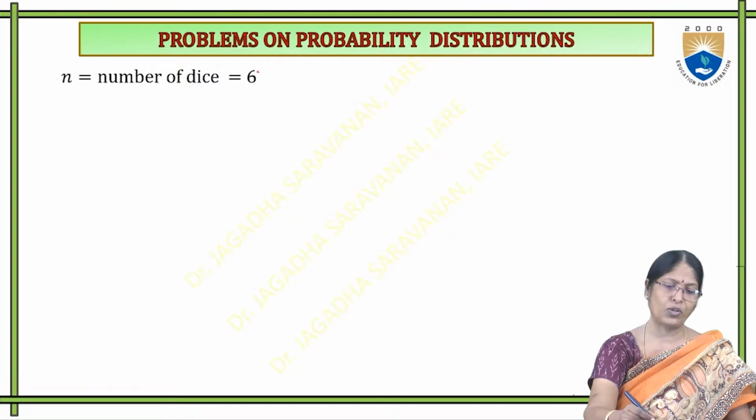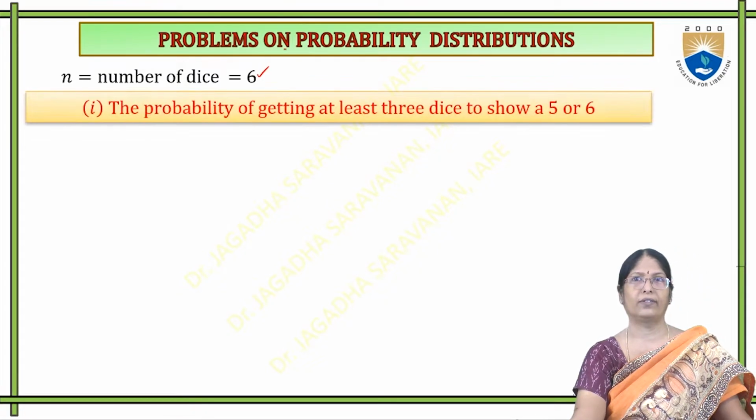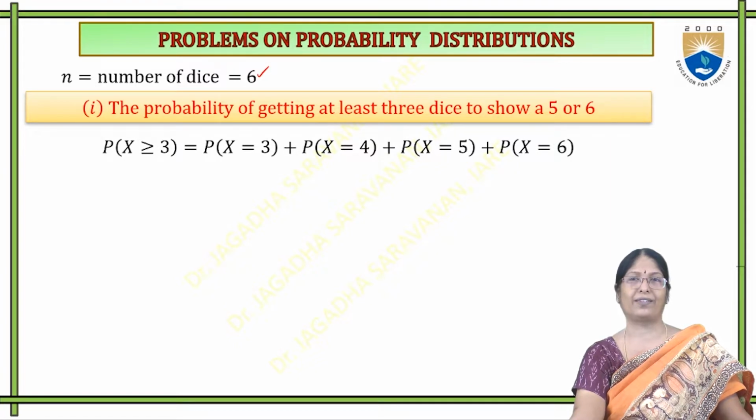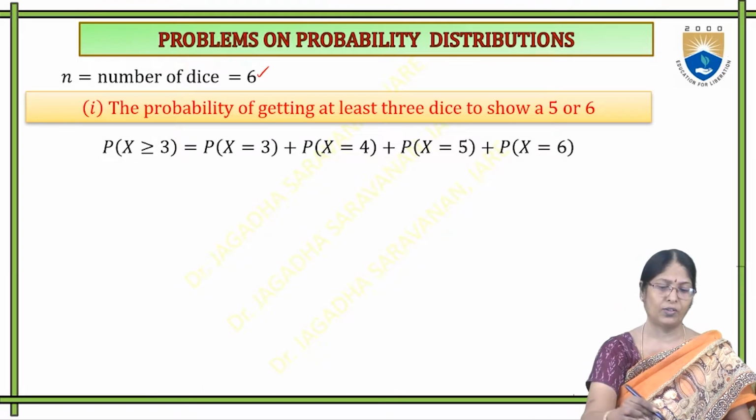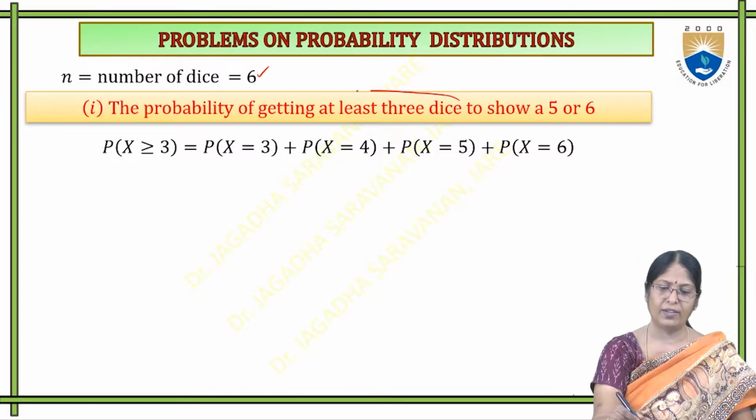So we have totally 6 dice. The first question is the probability of getting at least 3 dice. Totally we have 6, but at least 3 dice which are showing 5 or 6. At least is mathematically greater than or equal to 3. We can see it here.